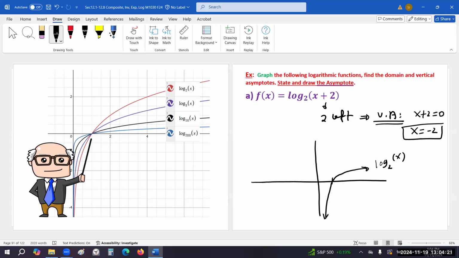X equals negative 1 is here. So we can't have a graph be just log of x? We can, but depending on what is given, you write that as the original graph.